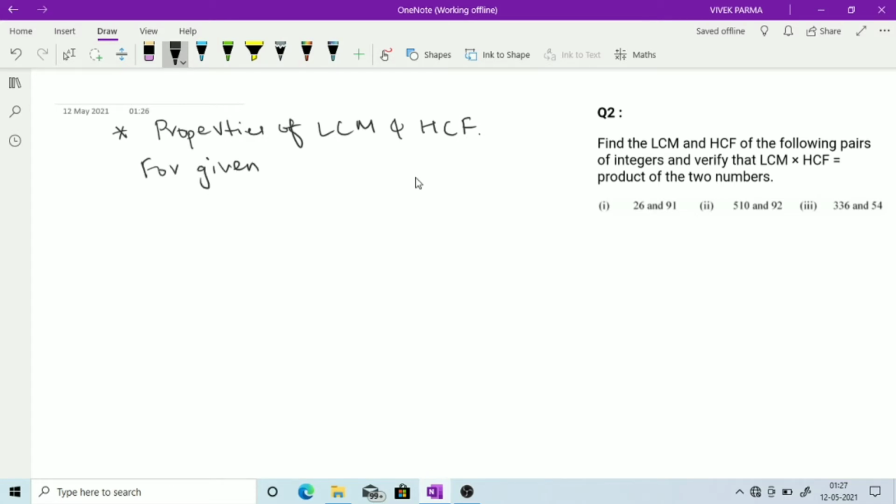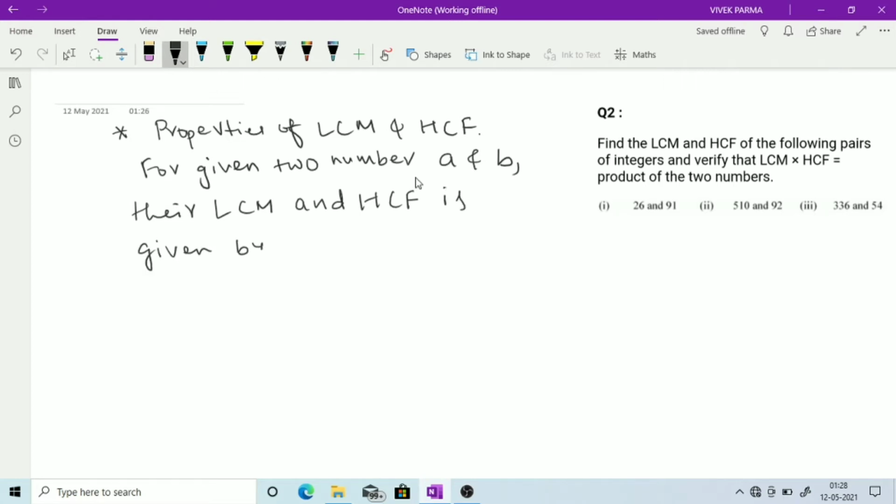For given two numbers A and B, their LCM and HCF is given by: LCM of A and B into HCF of A and B equals the product of the numbers.